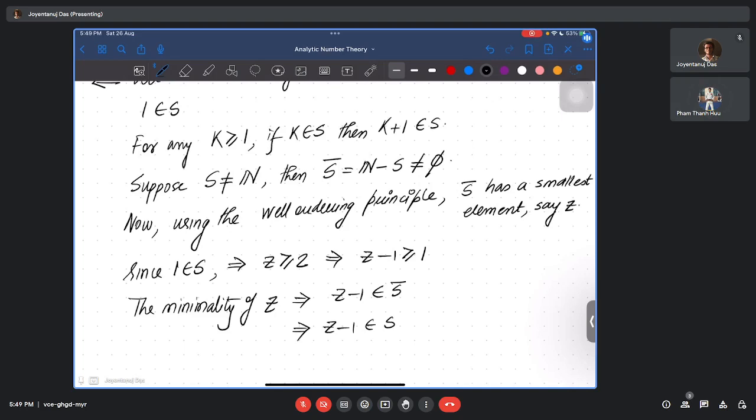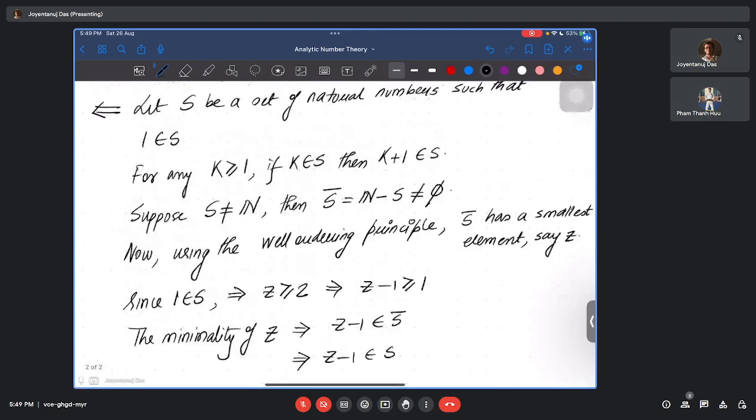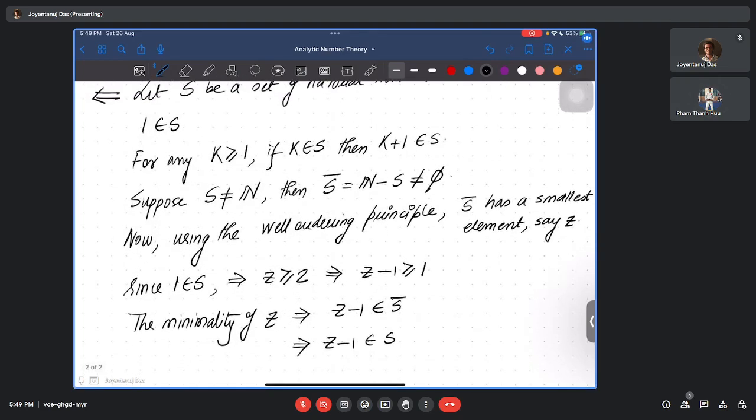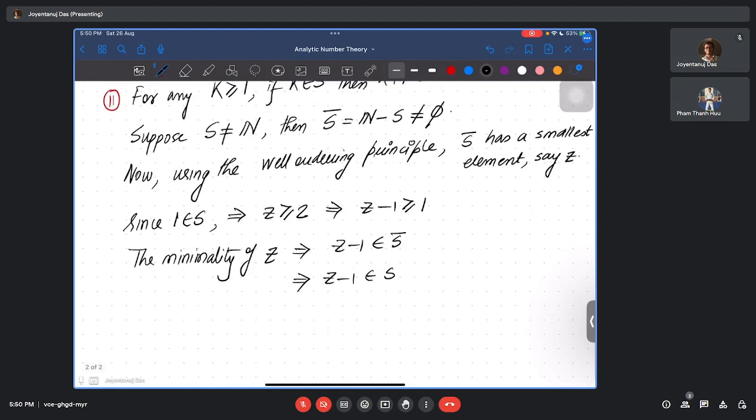But this is the first condition, and this is the second condition. By the second condition, if Z minus 1 belongs to S, then Z minus 1 plus 1 also belongs to S, right?